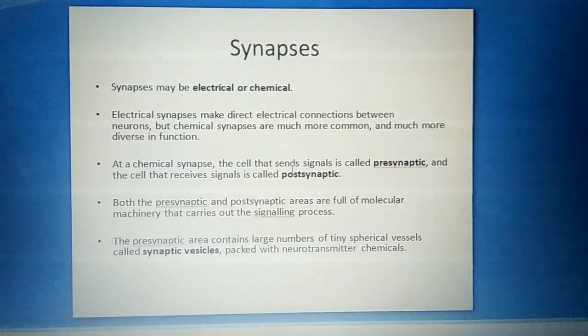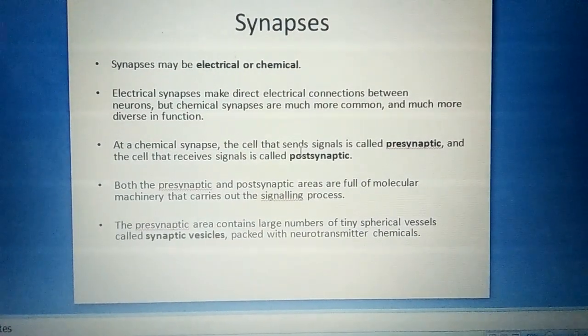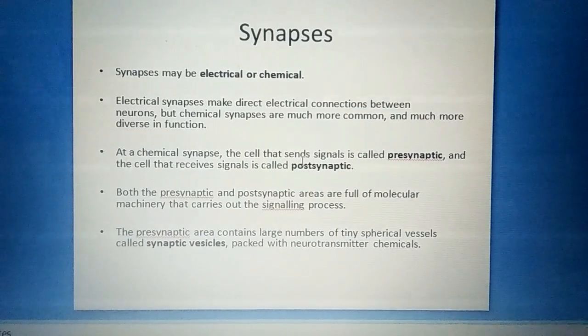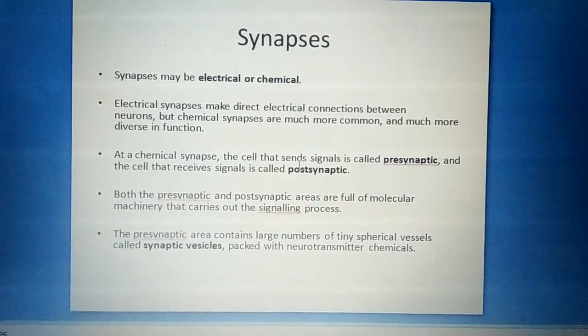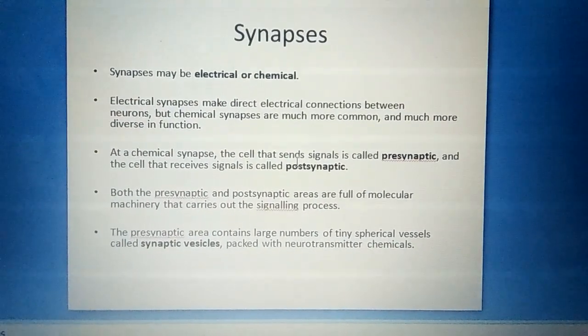The presynaptic area contains a large number of tiny spherical vessels called synaptic vesicles packed with neurotransmitter chemicals.